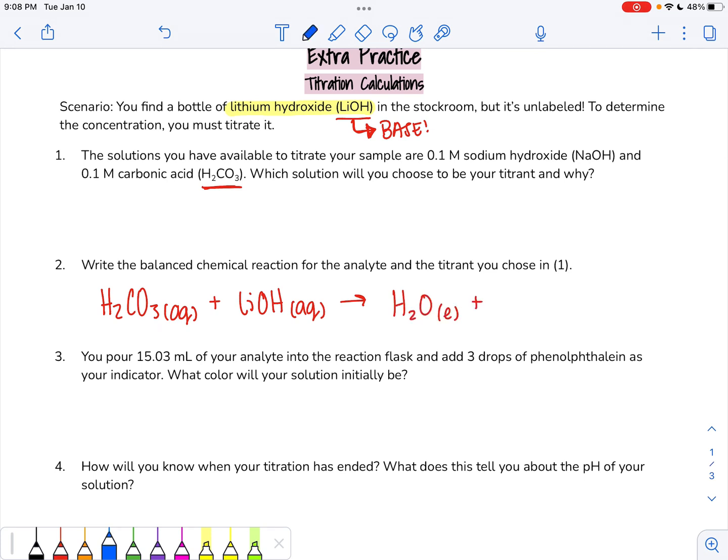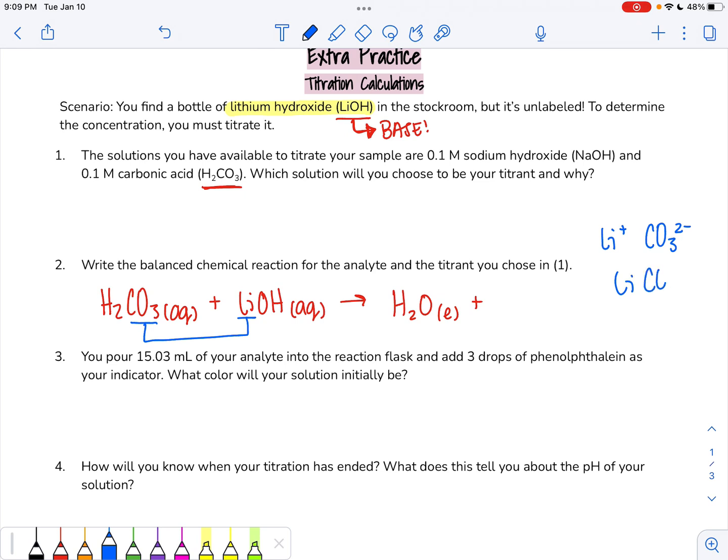So our salt here is going to come from the carbonate ion in the acid and the lithium metal in the lithium hydroxide in the base. So if these two things add together, we're making a salt, an ionic compound, which means we need to crisscross charges. So lithium has a +1 charge when it ionizes. Carbonate has a 2- charge when it ionizes.